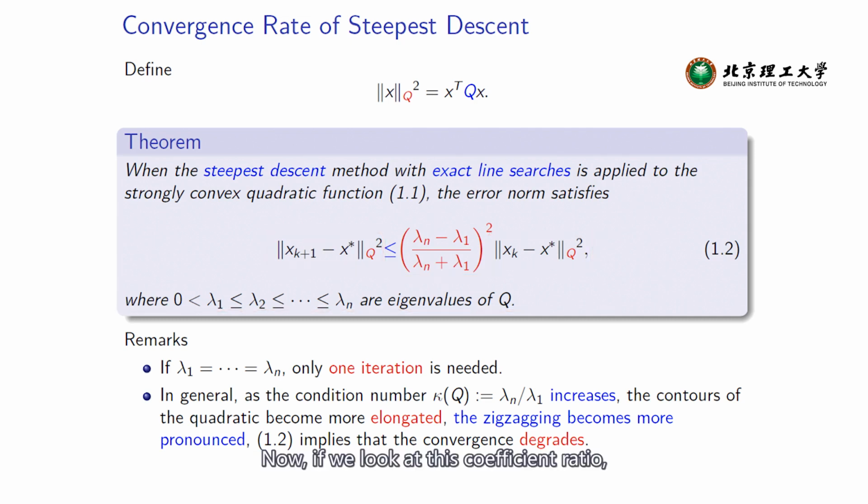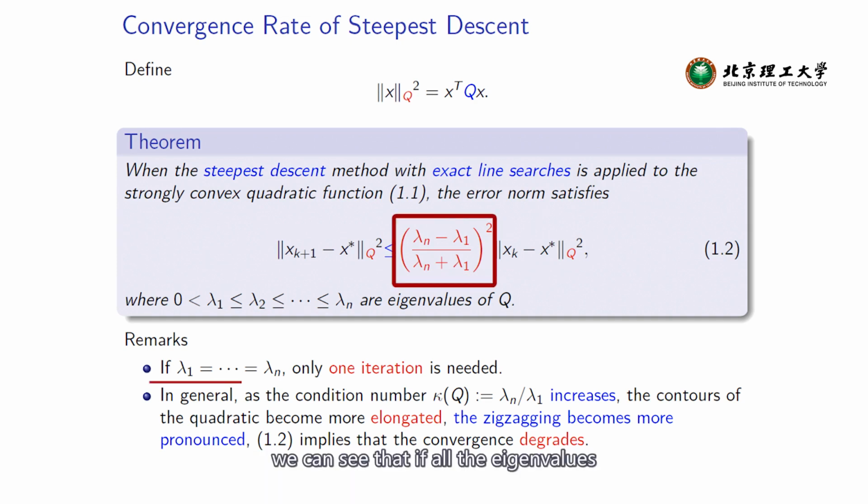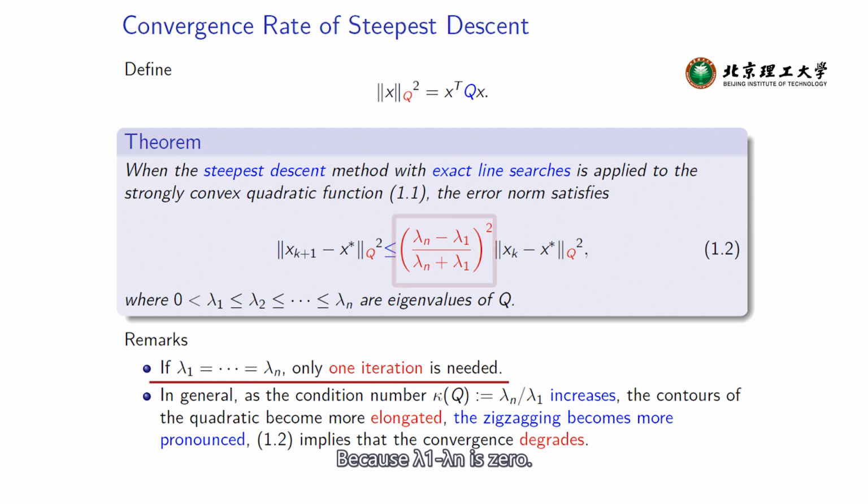Now, if we look at this coefficient, we can see that if all the eigenvalues are equal to each other, then we get the best convergence rate because lambda n minus lambda 1 is 0.